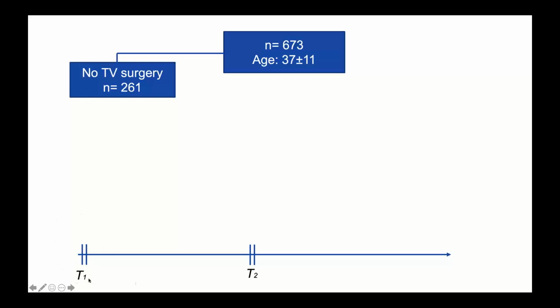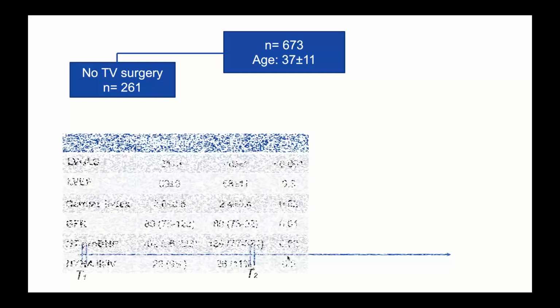We'll call that T1. And then, a minimum of 2 years apart, we reassessed them, with no intervention between T1 and T2. Our goal is to see what happens. Do the LV systolic function indices decrease over time, and does it track with changes in clinical status?